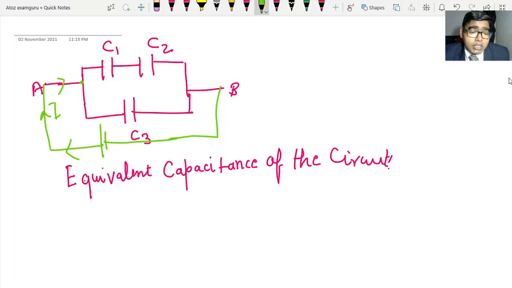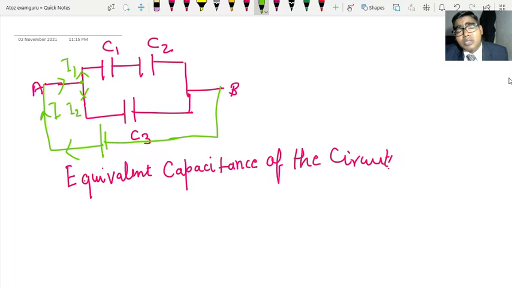Some current will flow from this side and some from this side. Let us assume they are I1 and I2. So the current I is divided into two parts, I1 and I2, and this I1 current passes through C1 and C2. If the same current passes through two elements, then these elements are always in series combination.